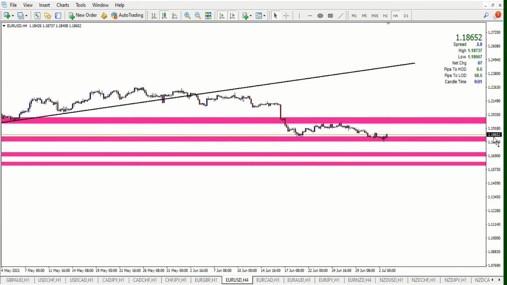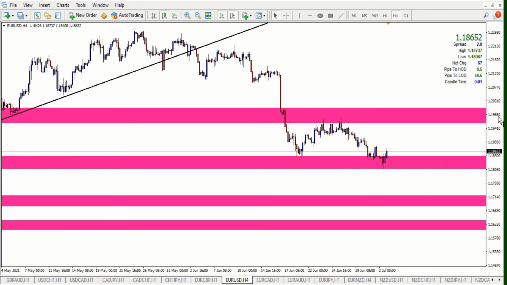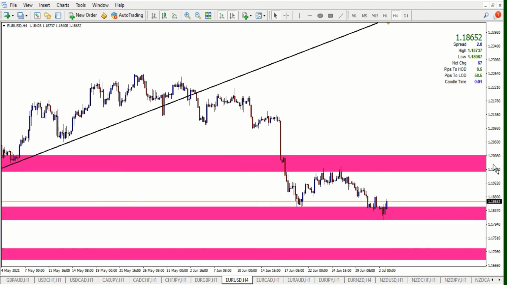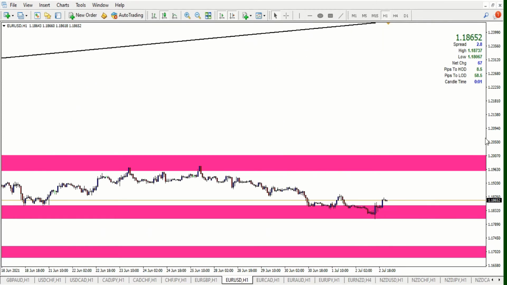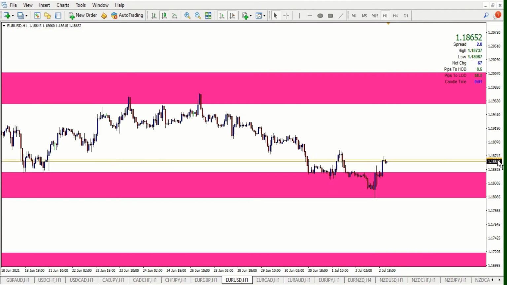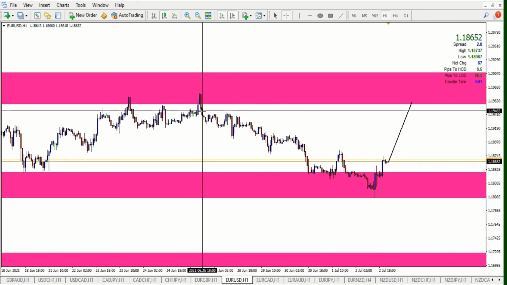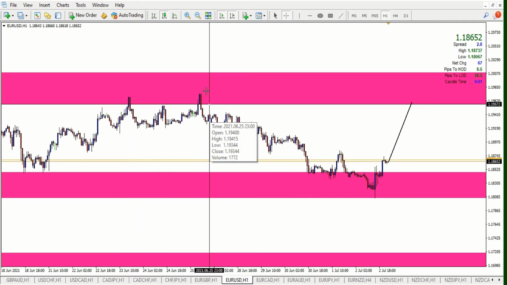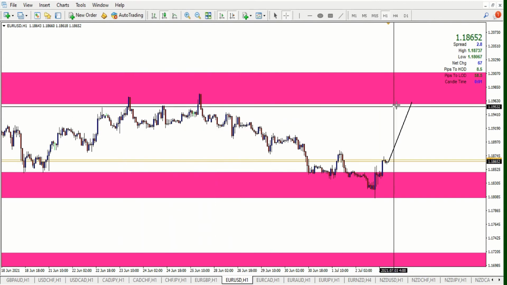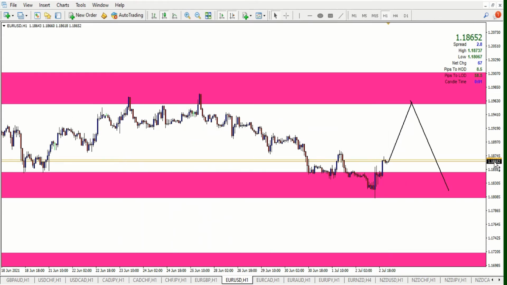So what I'm looking for next week, and I see the market is now at a key support resistance zone over here, is that the market could continue upwards, bounce off there, probably giving us a similar pattern to these patterns that happened over here, and then it could continue on its way down.